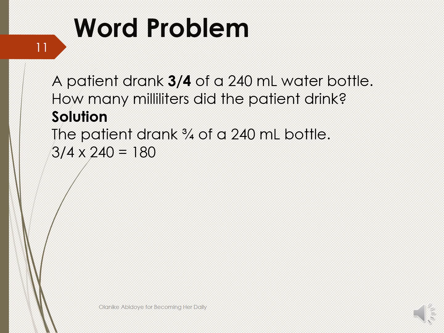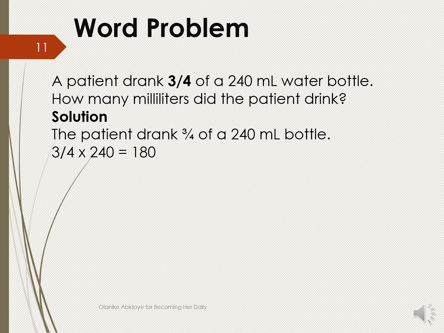We have some problems that can be in words, exercises in words. For example, a patient drank 3/4 of a 240 milliliter water bottle. How many milliliters did the patient drink? So if it is 3/4 of 240, it's just 3/4 times 240.